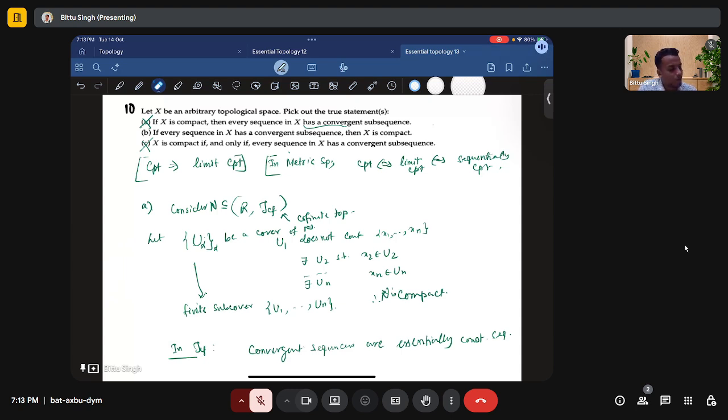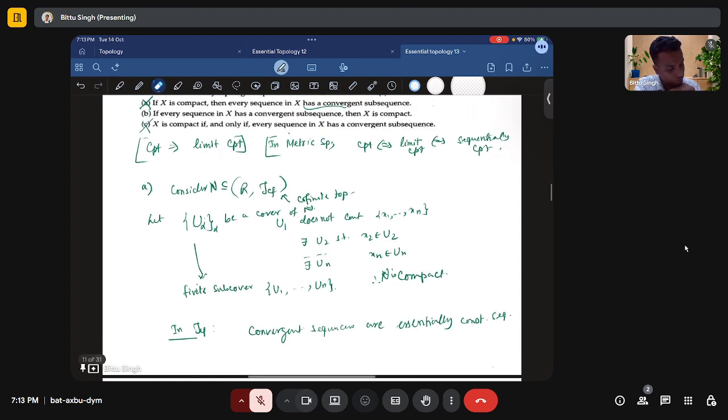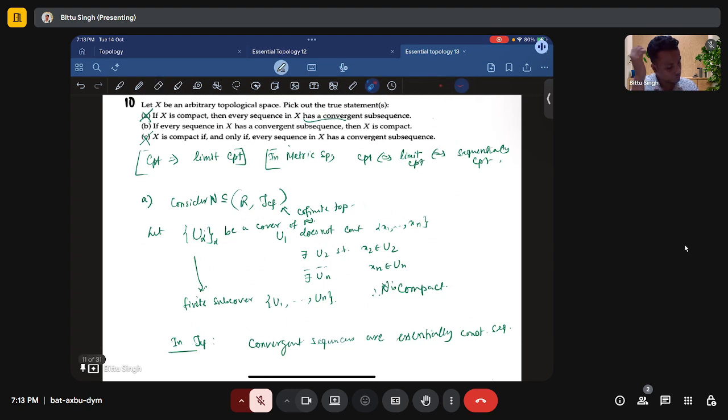Okay, B says sequentially compact implies compact. Actually, I am not sure about this question, so let me not solve this question.